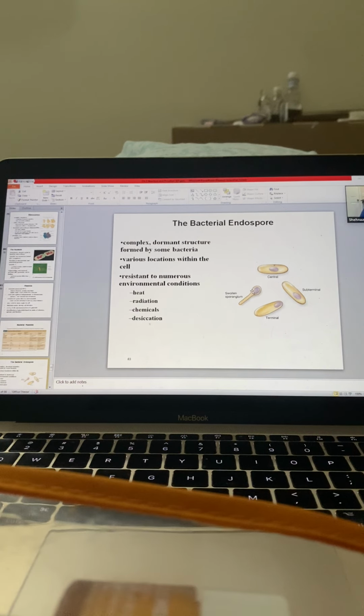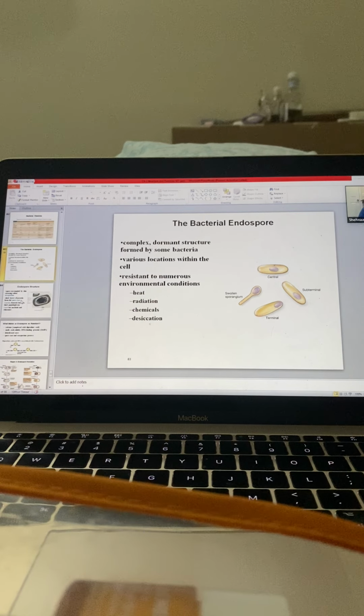So there is a swelling, and we call it a swollen sporangium, which gives you a special structure. Having special positions or ways the spore is formed sometimes gives us a cue in the identification of the bacterium also. Once these spores are produced, the vegetative cell disintegrates and only the spore survives, which will then be called a free spore. This free spore will be very resistant to heat, radiation, chemicals, and even drying.